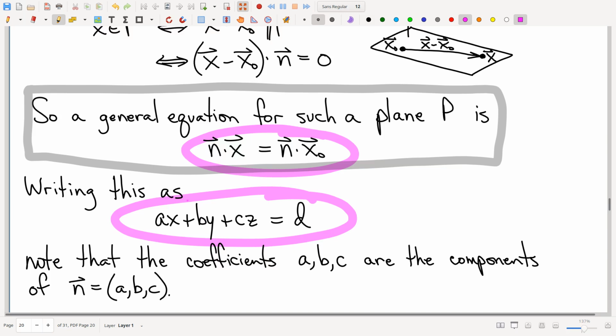Keep in mind there's a temptation to turn a class like this into algorithms and plug and chug and formulas and arithmetic and stuff, and that's not what the class is about, right? So between these two, yes, plug and chug tends to be easier with the coordinate equation, but this equation up here connects more easily to the ideas.